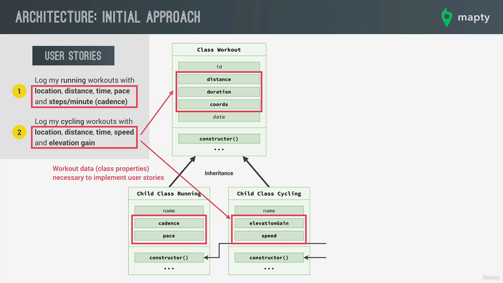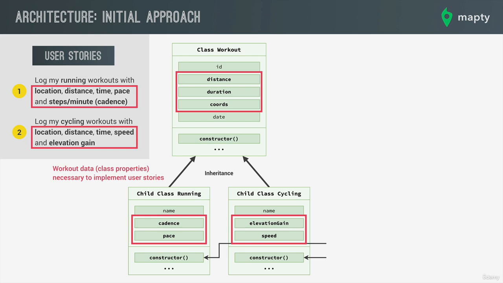Then here in this diagram, you also see that we have some other properties like the ID and date, but we will see why once we start implementing the code. And yeah, that's actually it for the data. So this kind of diagram is something that you will commonly see when working in object-oriented programming.